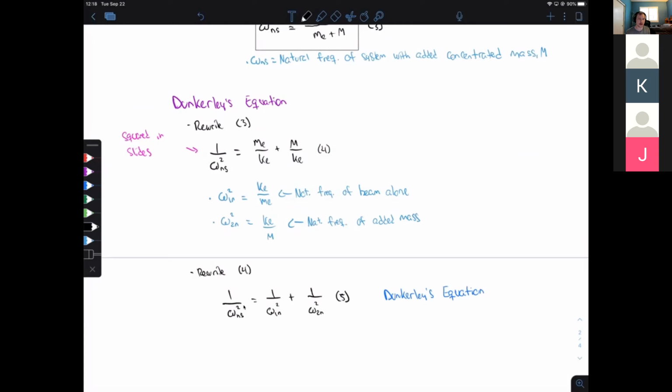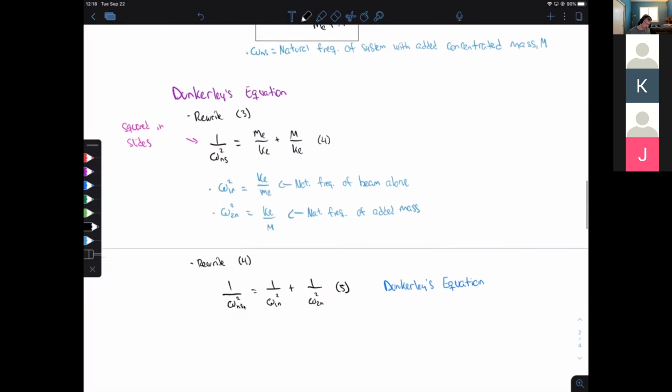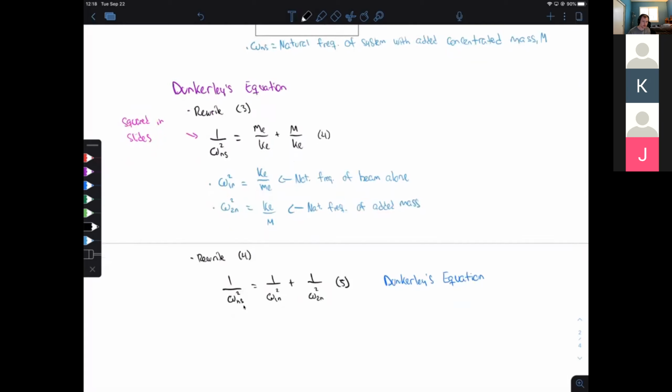So the only parameter that's going to be varied in equation 4 is capital M, or the added mass to the system. And that's going to be how we vary our natural frequency in the lab.